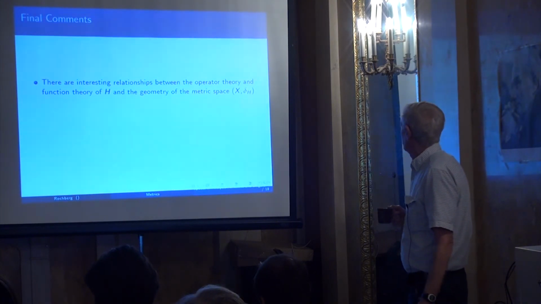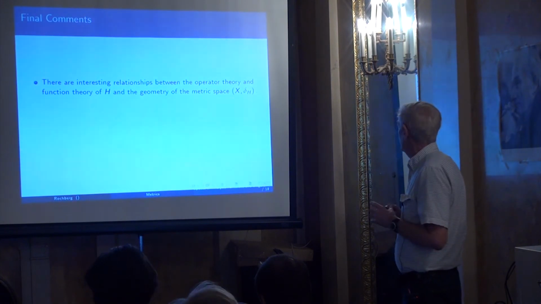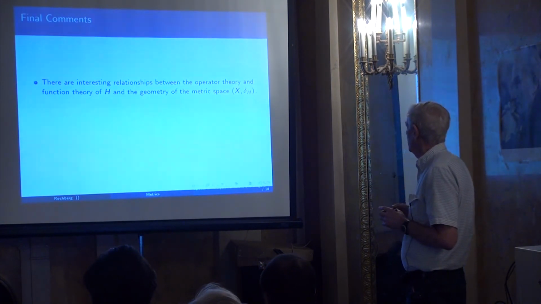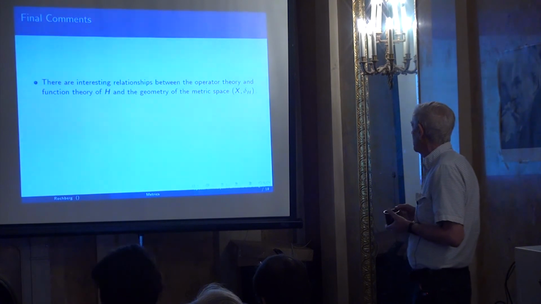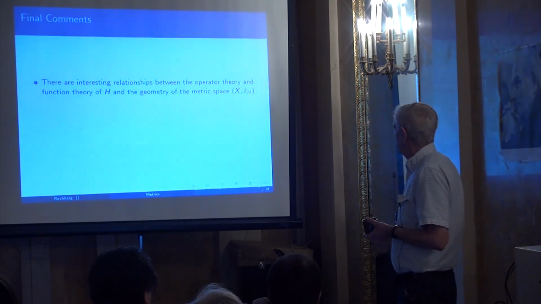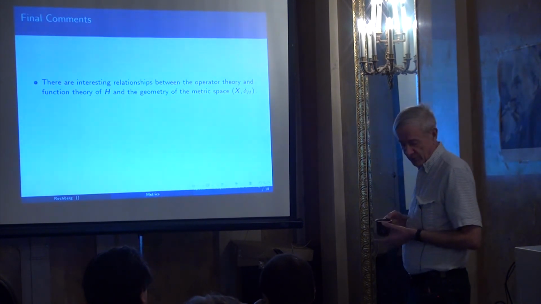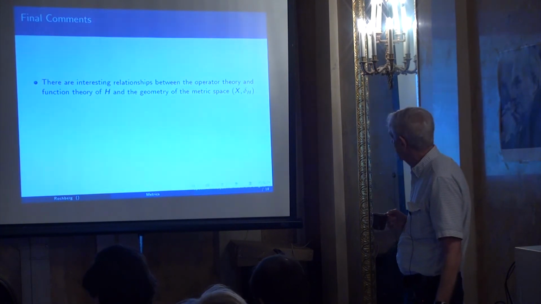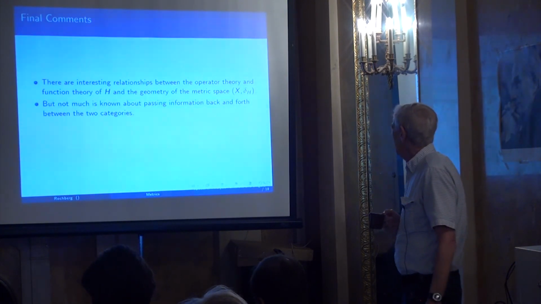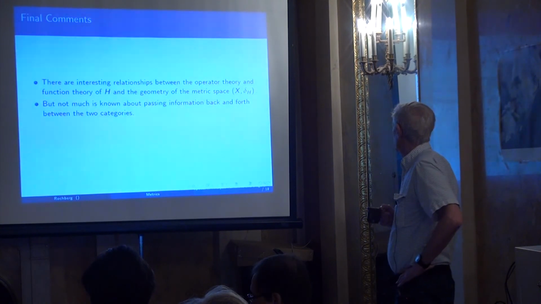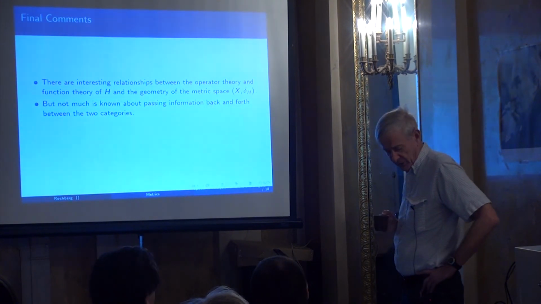So all I want to really suggest is there's some interesting relations between the operator theory and function theory of a reproducing kernel Hilbert space and these metric spaces, the underlying set X on which we've put this metric defined by the Hilbert space. And there's not much known how to pass information back and forth between the two categories.